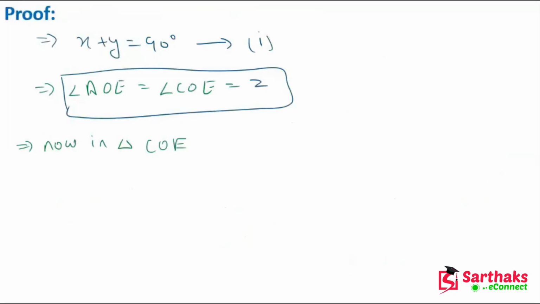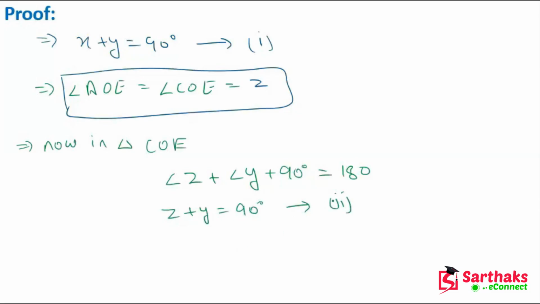So we can write angle Z plus angle Y plus 90 degrees equals 180 degrees. So Z plus Y is equal to 180 minus 90, we get 90 degrees. This is the second equation.